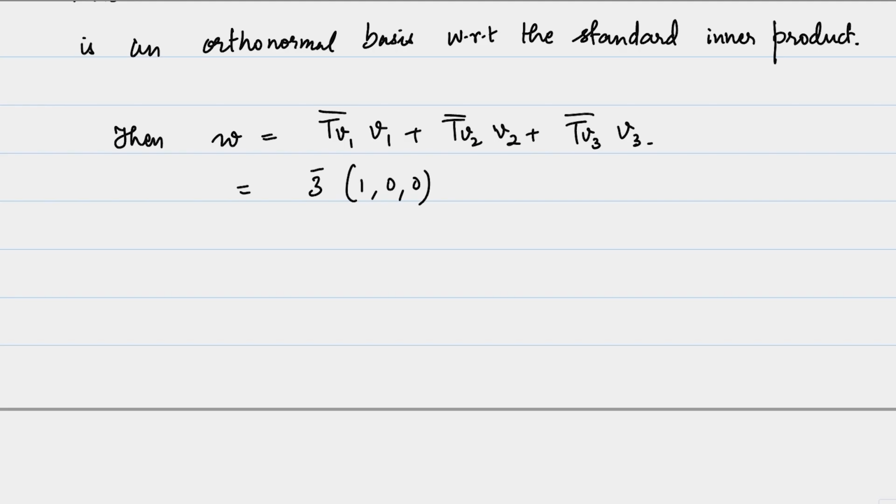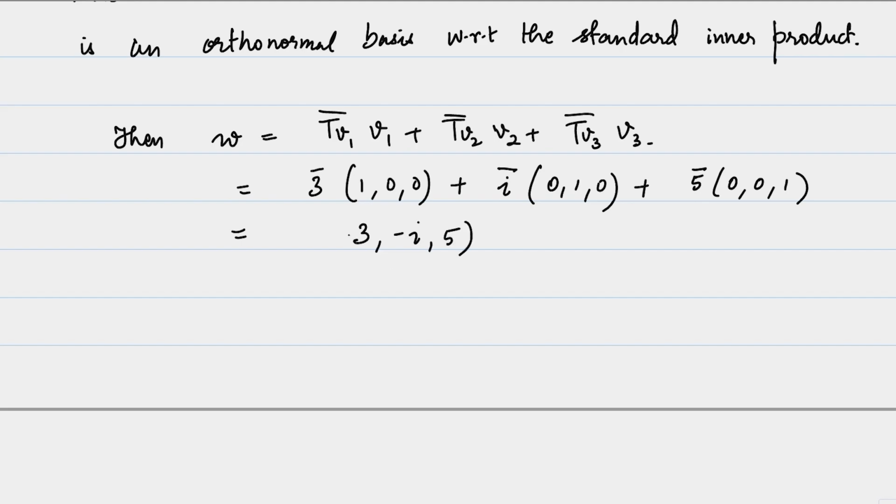And what is T of V2? In the same vein, this is i bar, the conjugate of i, times 0, 1, 0. And how about the third one? That is 5 bar times 0, 0, 1. But notice that 3 and 5 are real numbers, so their conjugates are the same, and the conjugate of i is minus i. So this is just going to be equal to 3 comma minus i comma 5.